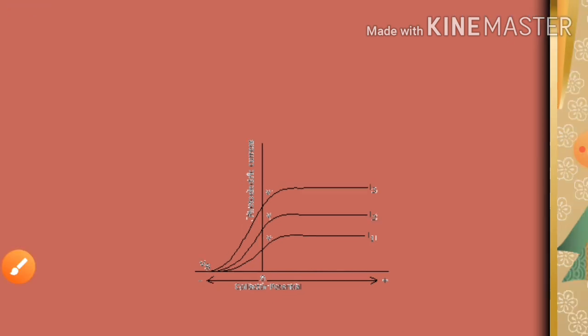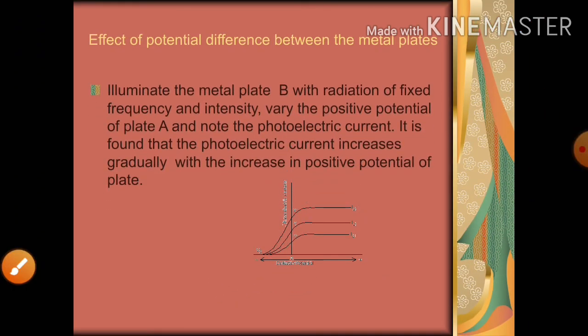Now let's see. If we illuminate the metal plate B with radiation of fixed frequency and intensity, vary the positive potential of plate A and note the photoelectric current, it is found that the photoelectric current increases gradually with the increase in the positive potential of the plate.